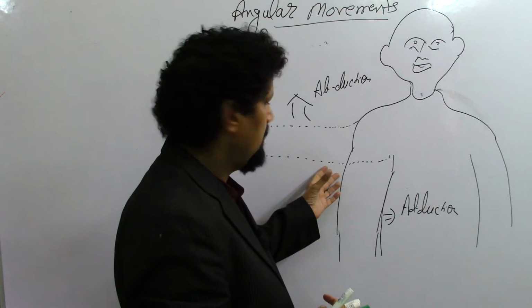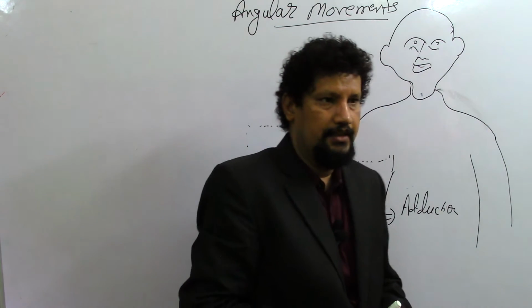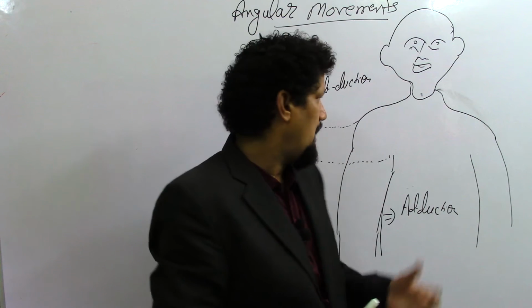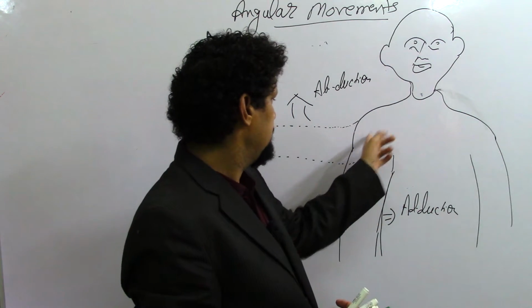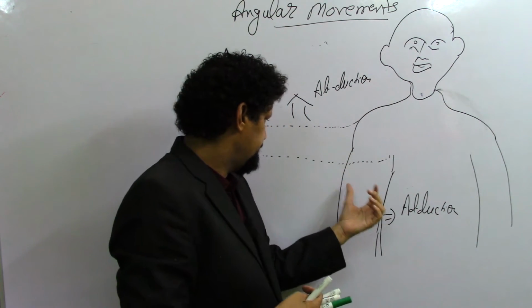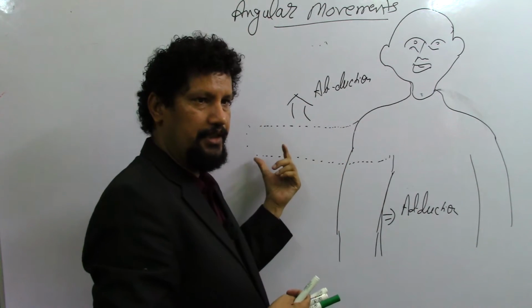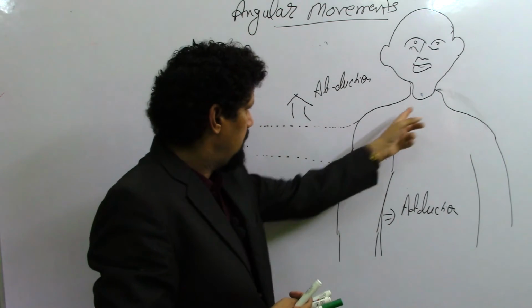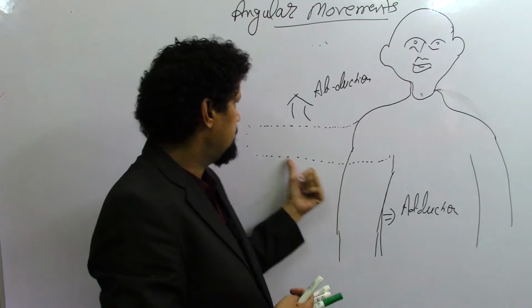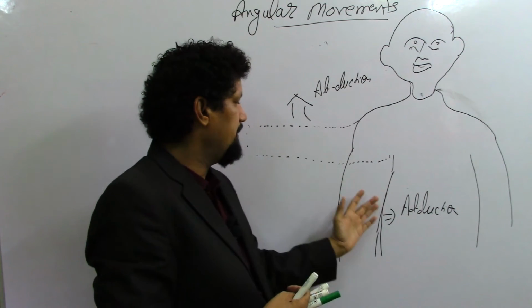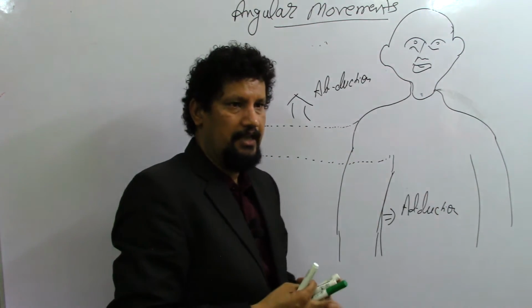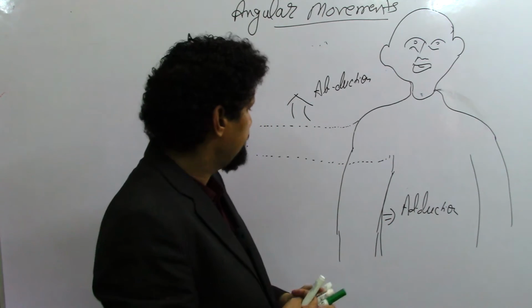So movement occurring in the coronal plane, having the anterior-posterior axis, with the part moving away from the median plane is abduction and towards the median plane is adduction.